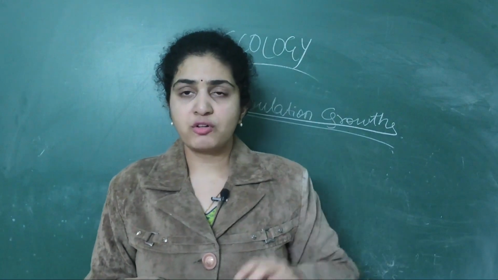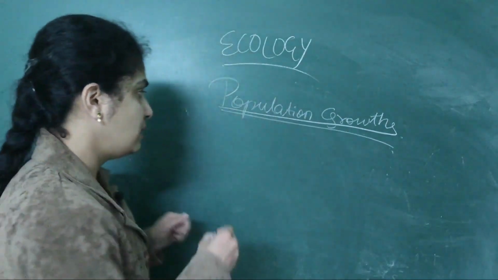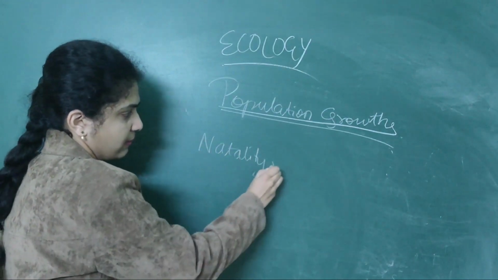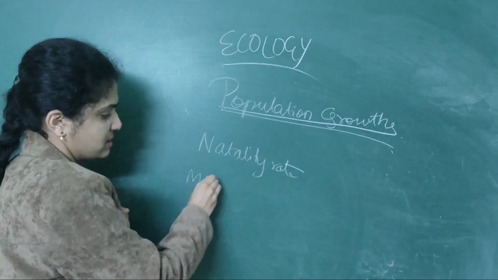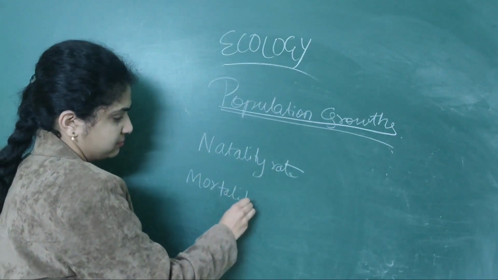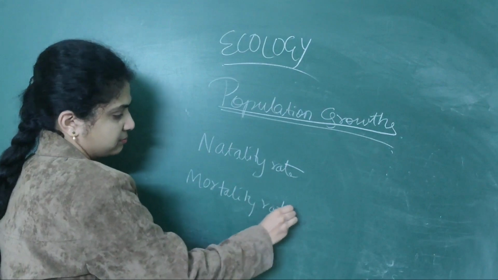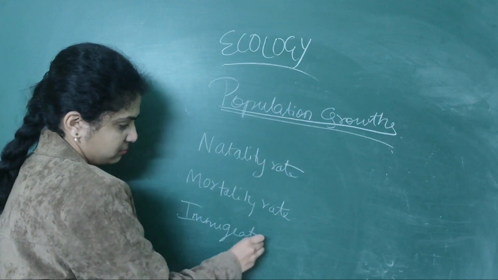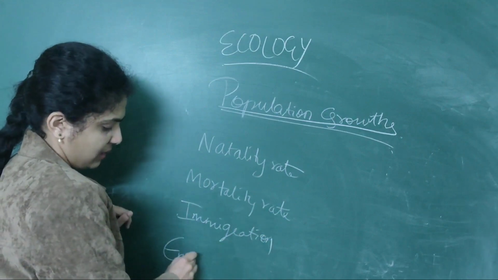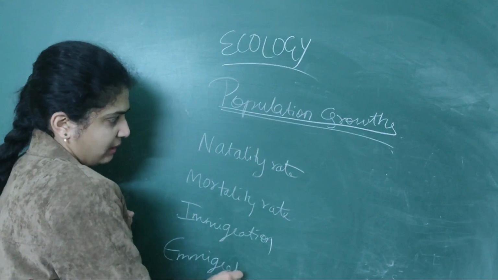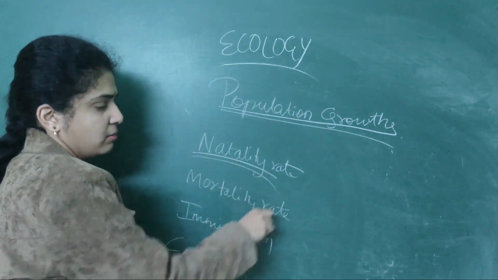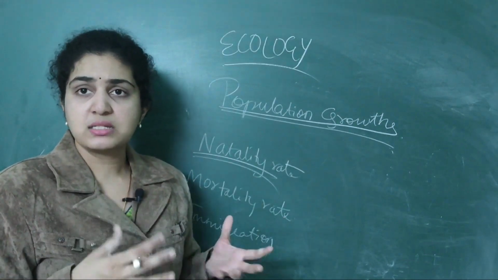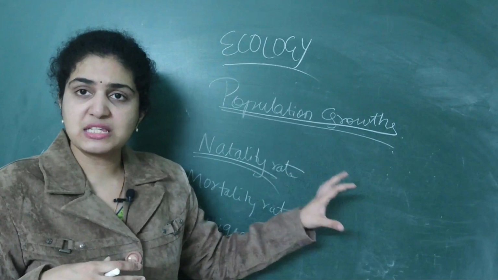So based on these four factors. They are nothing but natality rate, mortality rate, immigration, and emigration. Natality rate means what? Birth rate is nothing but natality rate. Number of births given in a population in a specific year.